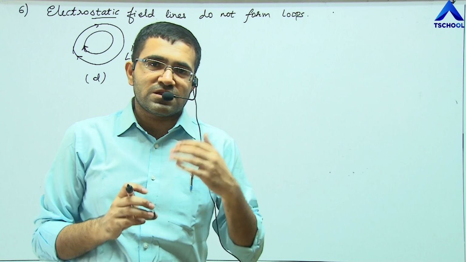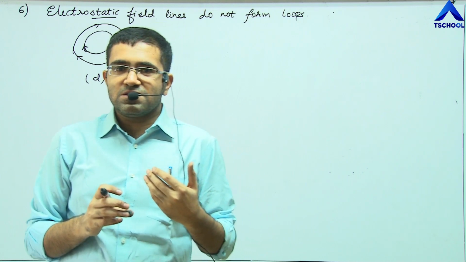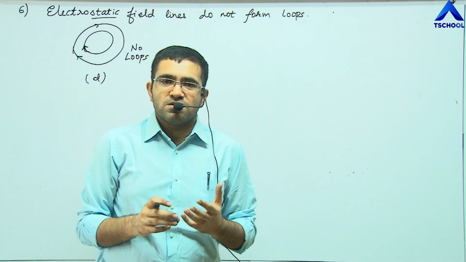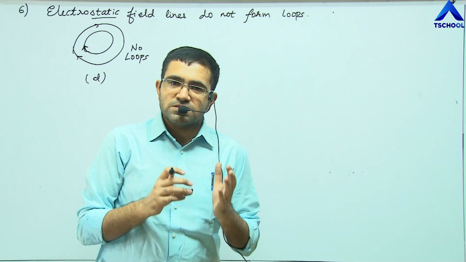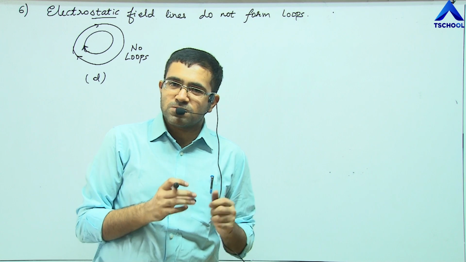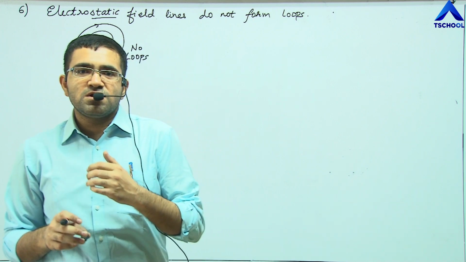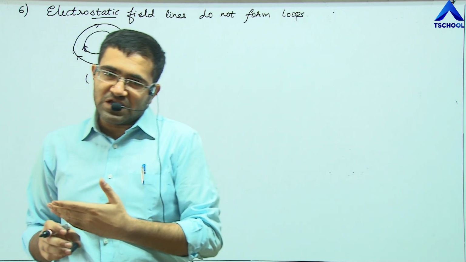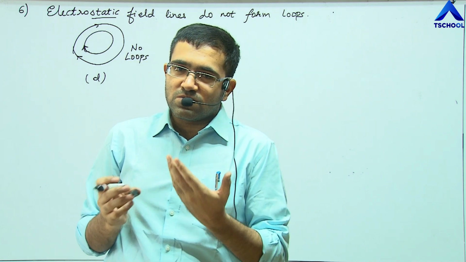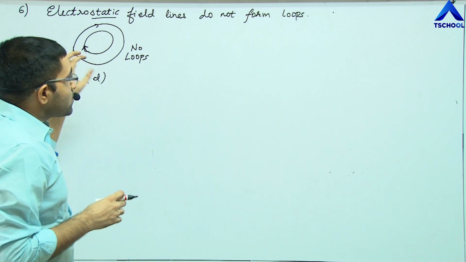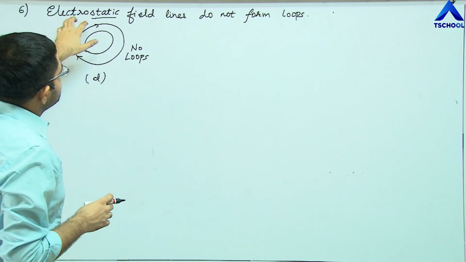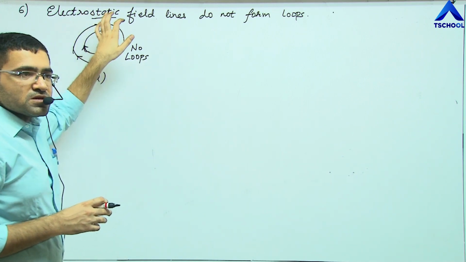The rest of the properties that we have studied are valid for charges which are stationary, that is electrostatic, and they're also valid for charges that are moving. But this last one is only true as far as charges are stationary, right?